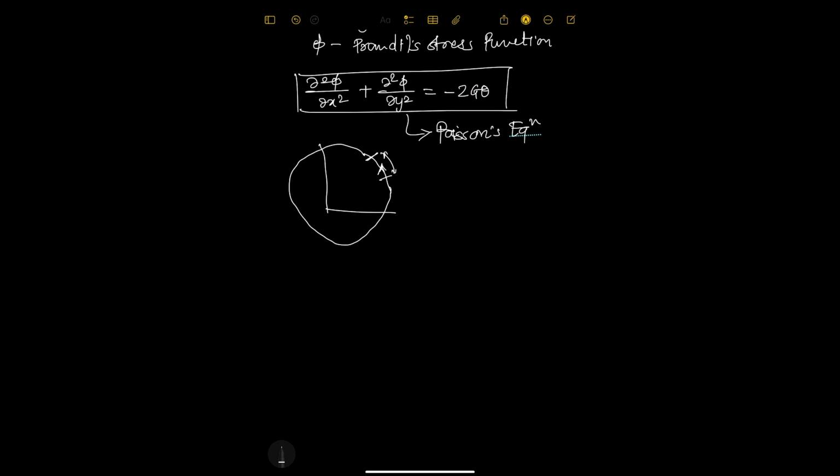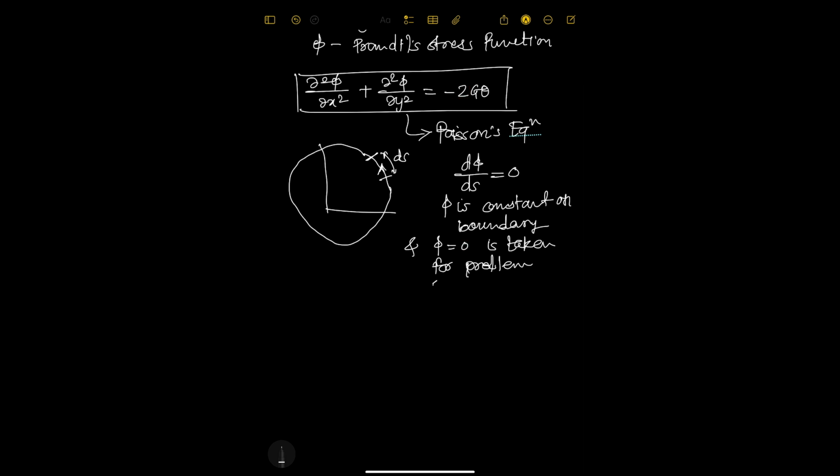For that we considered this element ds, and we saw how the Prandtl stress function varies on the boundary, and we found that d phi by ds is equal to 0, which means phi is constant on the boundary, and generally phi equal to 0 is taken for problem solving.